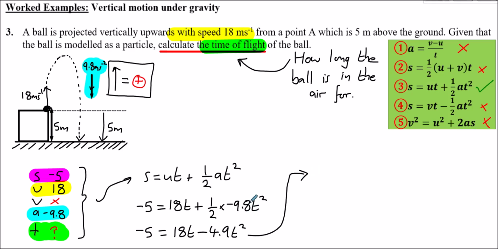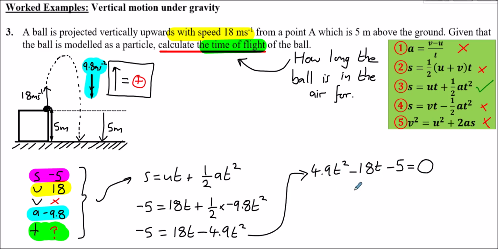If we now rearrange this into the standard form of a quadratic, I'm going to suggest we get everything onto the left-hand side of the equation. So we add on the 4.9t squared, subtract 18t, and of course we have -5. Now we can work out what t is.